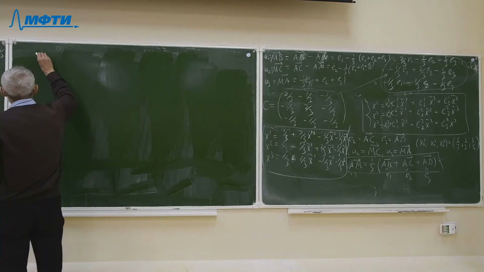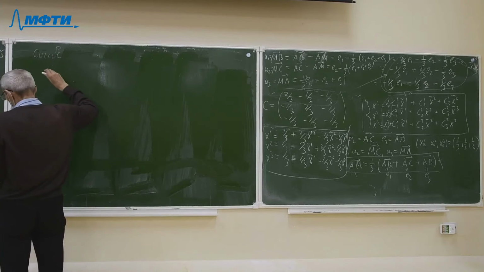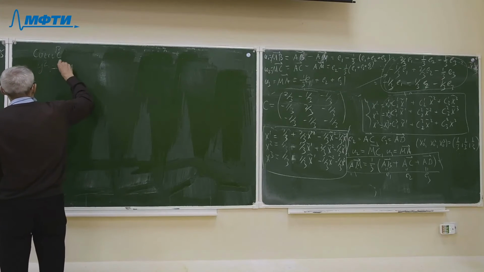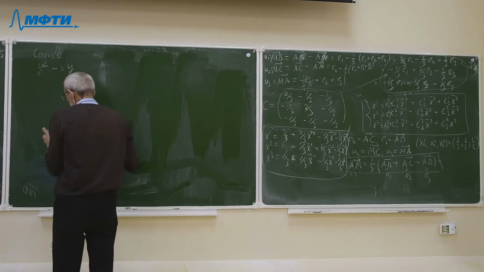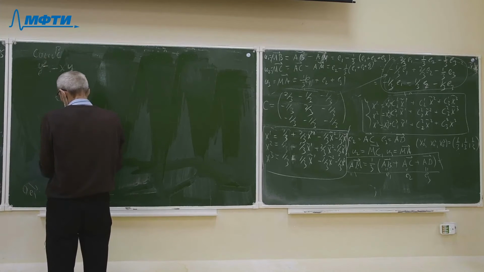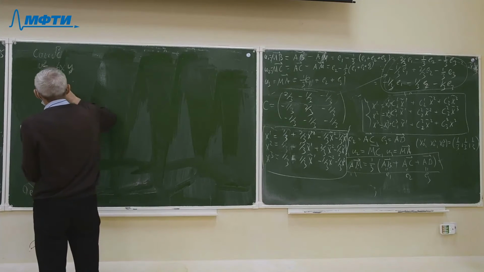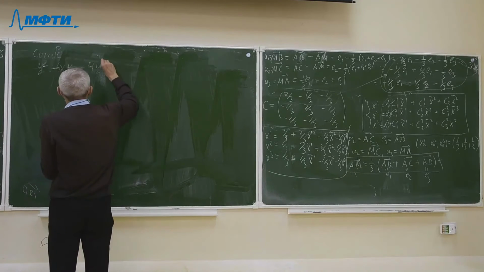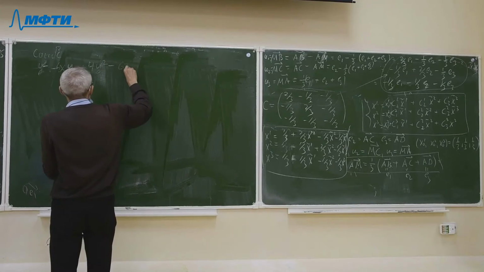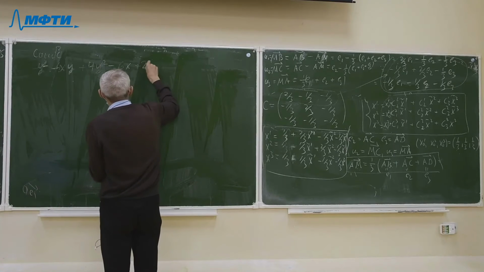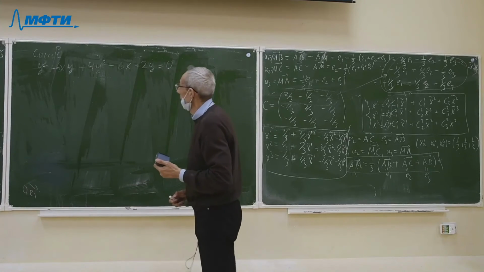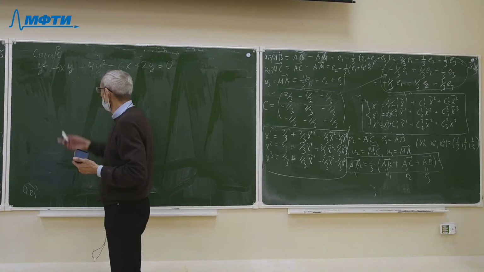We have the conic, which is defined by the equation y squared minus xy plus 4x squared plus 4y squared minus... How to understand what curve we have in this case.